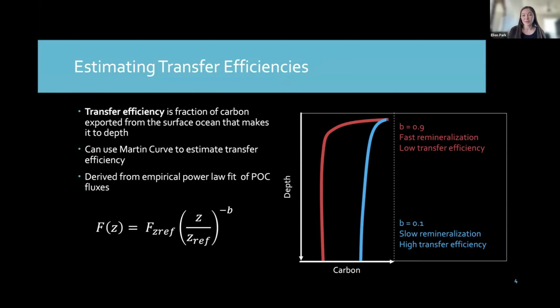The one in red is when the power law value, or b, or attenuation, is larger, where we have more remineralization with depth and lower transfer efficiency. We also have the case in blue where the b value is smaller and we have less remineralization and therefore a higher transfer efficiency.